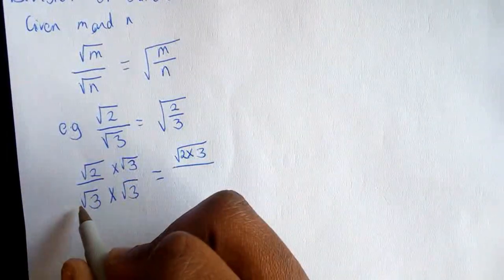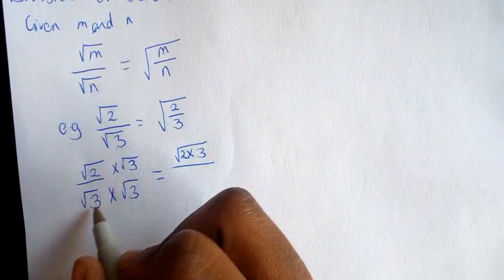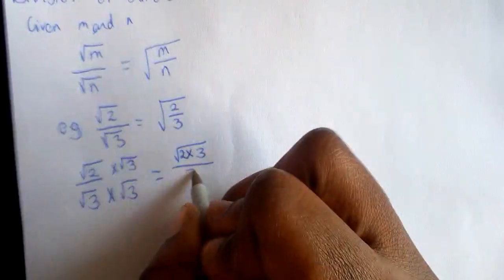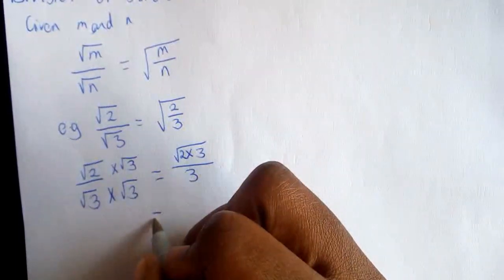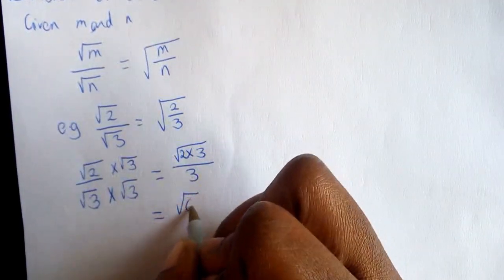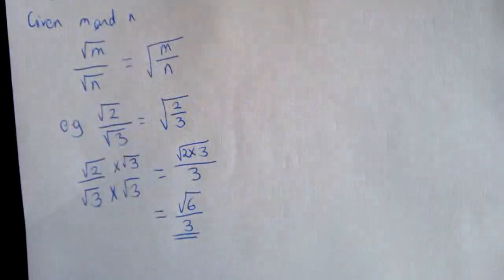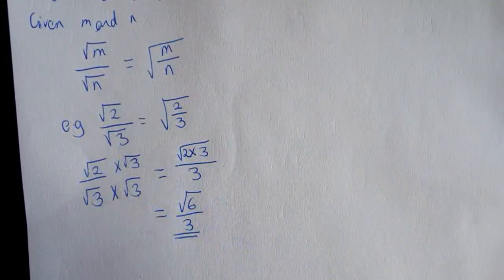We said the product of square roots of identical numbers is the number. It becomes like this. 2 times 3 is 6, so it becomes root of 6 over 3. We have rationalized the surds.